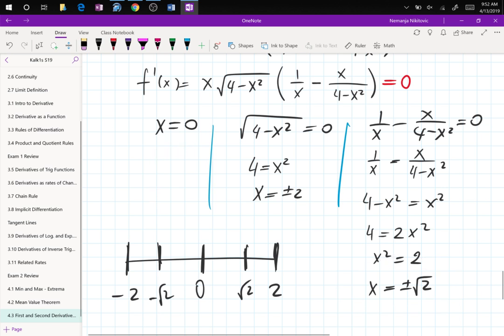So this has a lot of partitions in it, so we use them all. And now is your job to pick test points in each one of these regions and test them.